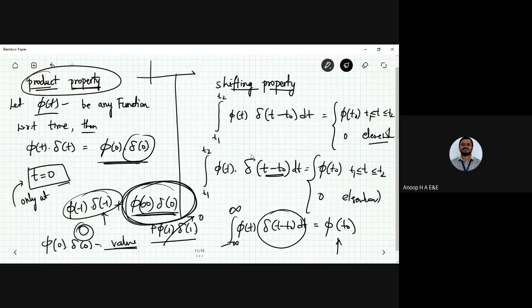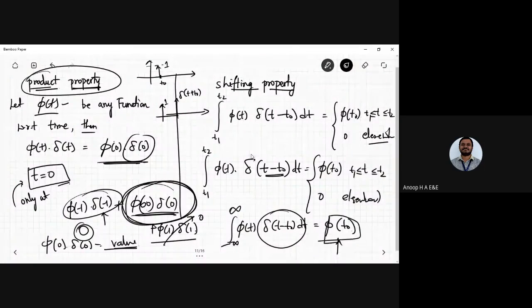For example, t minus t naught there. So this would be somewhat t naught, so you'll be having the value here. If you want to evaluate t plus t naught, it would be somewhere around here. With an arrow mark, that would be equal to 1 there.